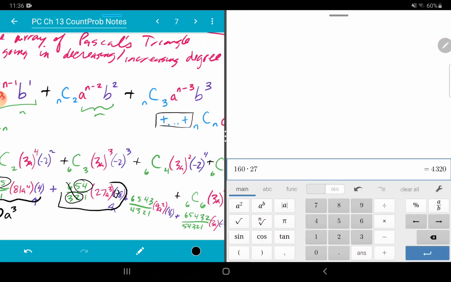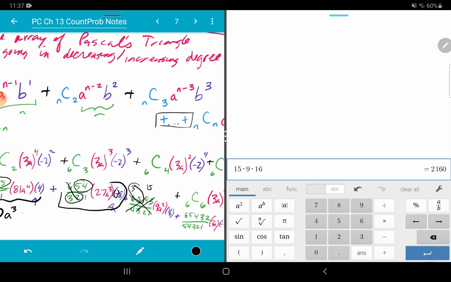And then what do we have here? 4 and 3 cancel. That's nice. 6 and 2 divide out to give us a 3. And 3 times 5 gives us 15. So we'll have 15 times 9 times 16. That's going to give us 2,160.